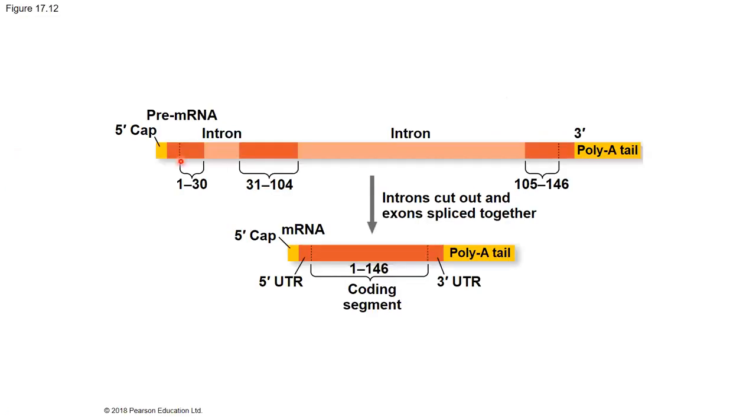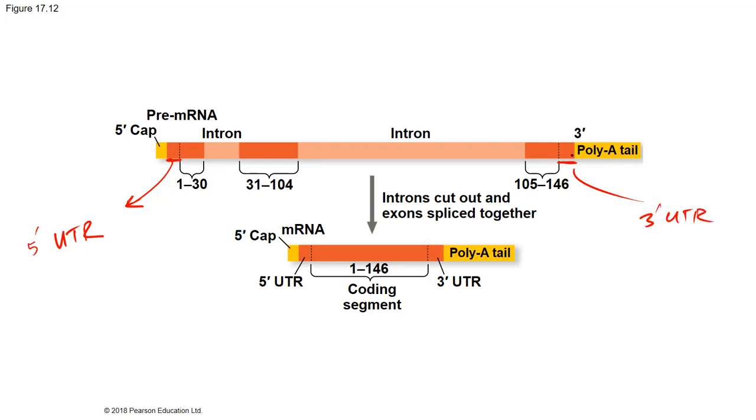So here, this is a pre-mRNA inside the nucleus. This region is basically the 5' UTR, and this region from here to here is the 3' UTR.